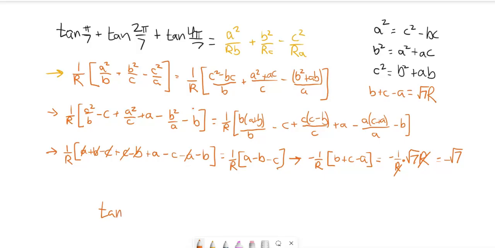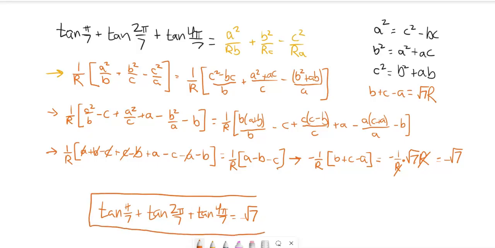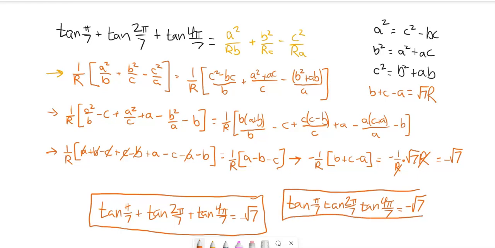So the tangent of pi over 7 plus the tangent of 2 pi over 7 plus the tangent of 4 pi over 7 equals the square root of negative 7. Now, there is an interesting connection here because in one of the last videos I showed that the tangent of pi over 7 times the tangent of 2 pi over 7 times the tangent of 4 pi over 7 also equaled the square root of negative 7.